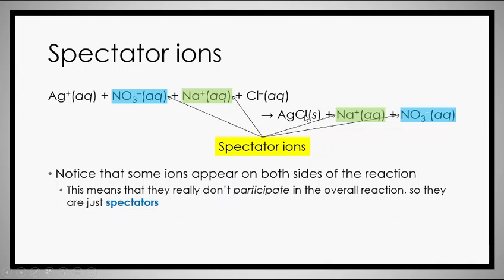They actually do something. The nitrate ion staying nitrate ion, sodium ion staying sodium ion, nothing happened. Those ions just entered the solution, they entered the beaker, and that's all they did. After that, they just floated around.